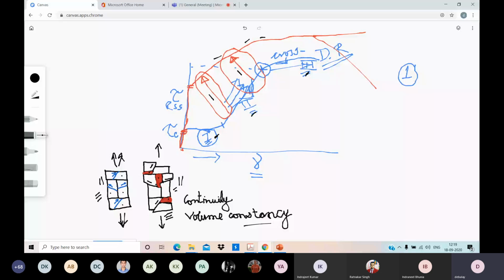We see void formation at a very later stage. So what actually takes care of that is the continuity. We know that volume constancy needs to be maintained and the metal needs to maintain the continuity. So easily voids cannot form.